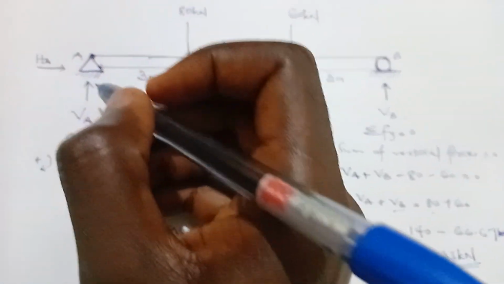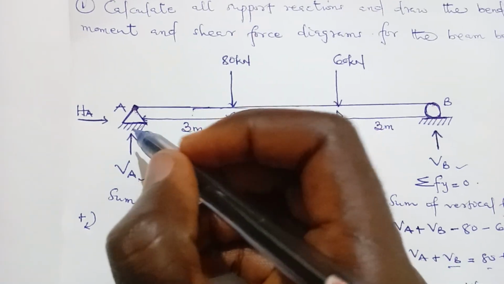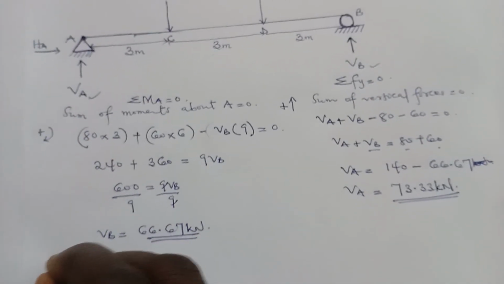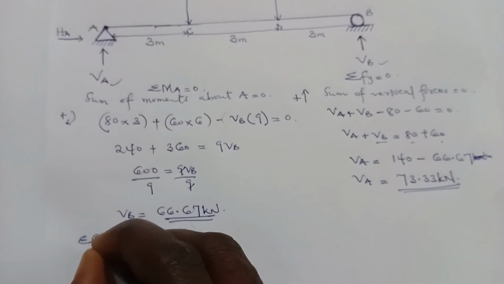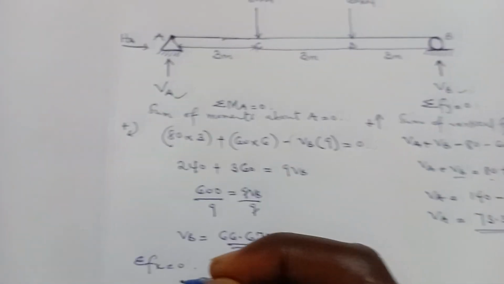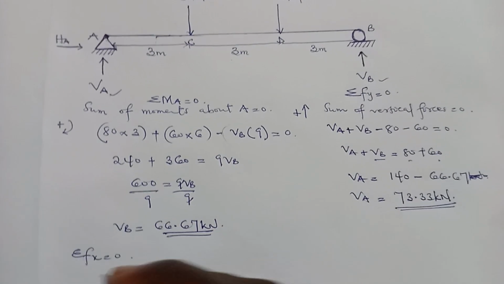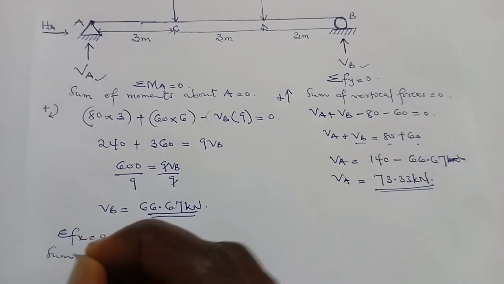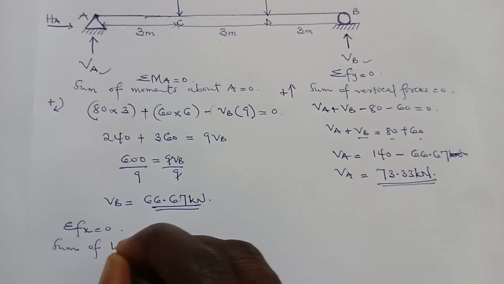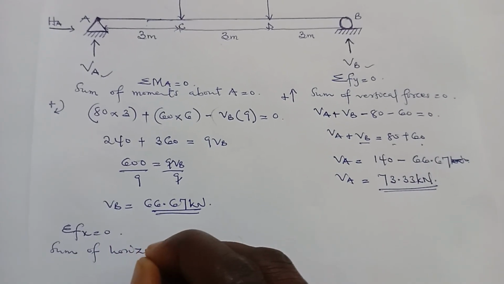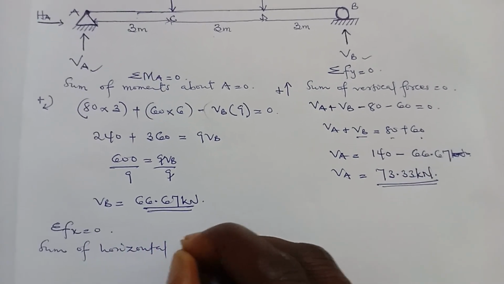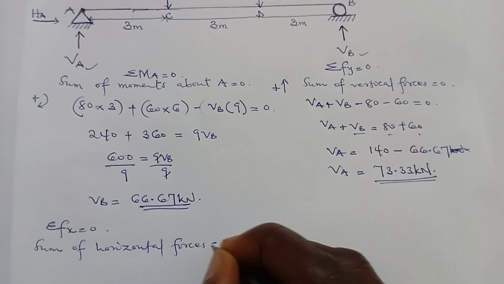Now I'm left with the horizontal reaction, which is HA. To calculate HA, we have to sum forces in the horizontal direction. The sum of horizontal forces should be equal to 0.